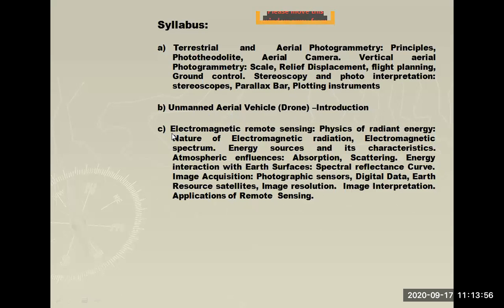Then third point you can see here, electromagnetic remote sensing, physics of the radiant energy, nature of the electromagnetic radiation, electromagnetic spectrum. Because when we are taking a photograph, we want energy, means sun rays are required or our camera flash is required.